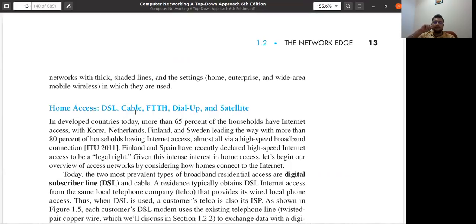So with dial-up modem, the constraint is that at a time, either you can transmit a voice over it, or you can transmit data signals over it. So either the data communication or the voice communication.